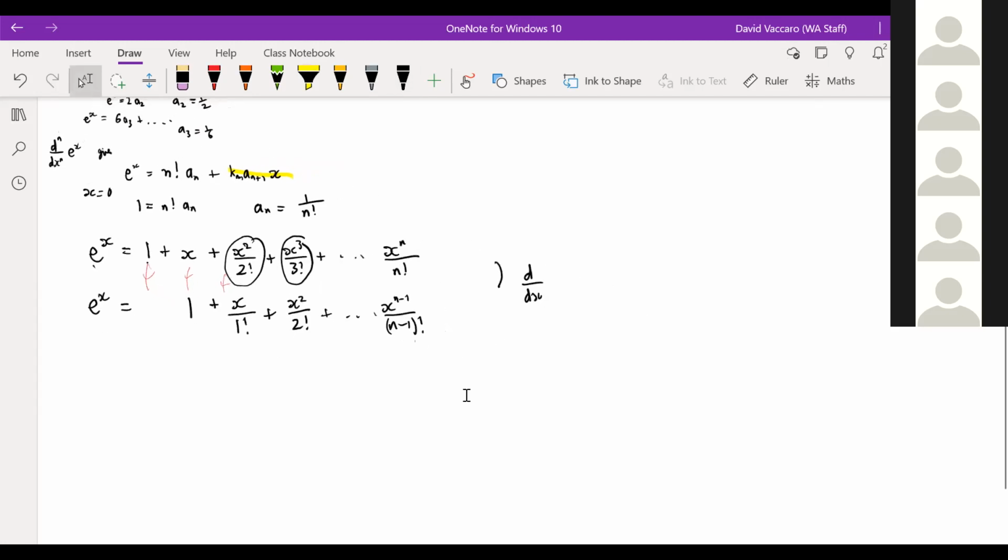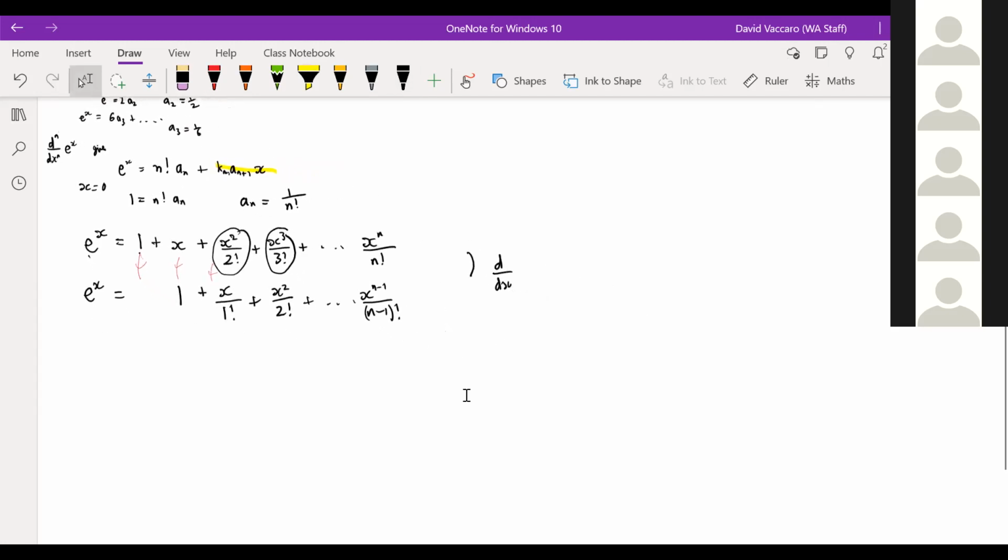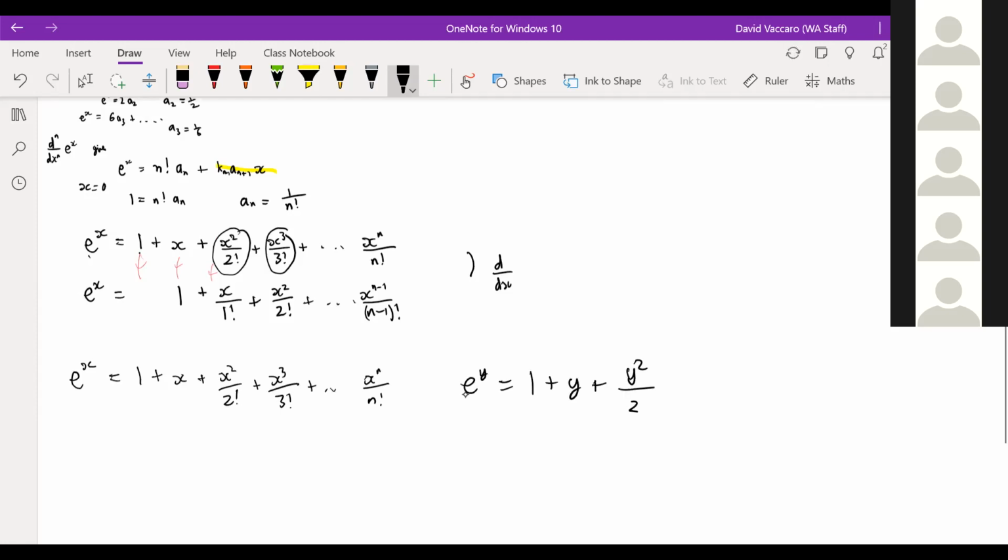Okay. A really good exercise for you: e to the x is equal to 1 plus x plus x squared over 2 factorial plus x cubed over 3 factorial plus x to the n over n factorial. e to the y is equal to 1 plus y plus y squared over 2 factorial plus y cubed over 3 factorial, and so on.